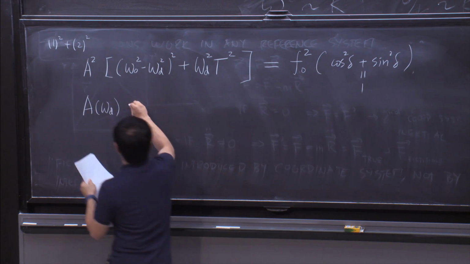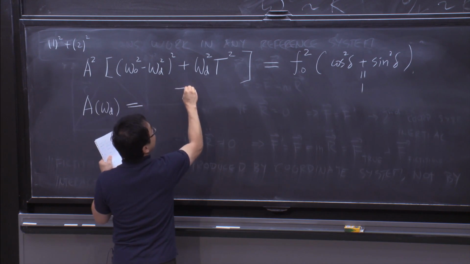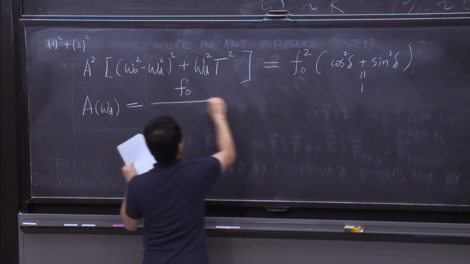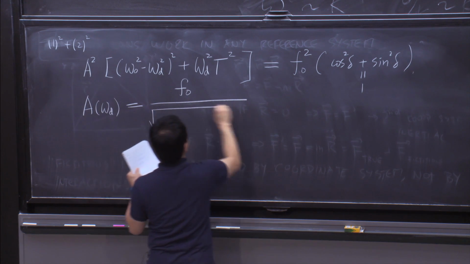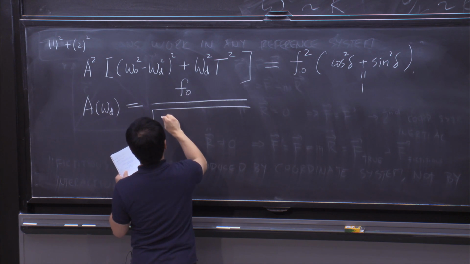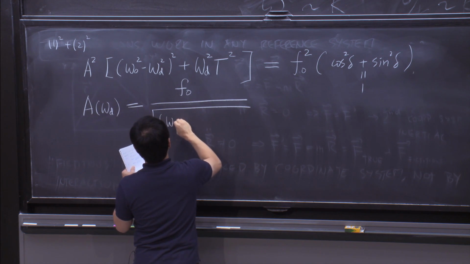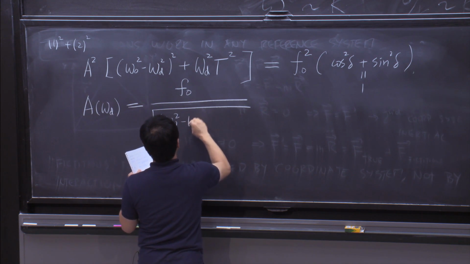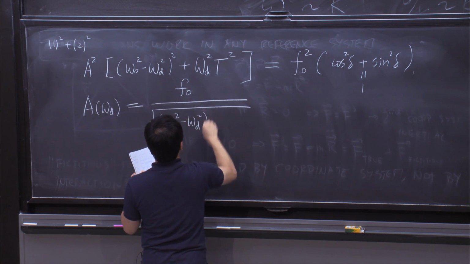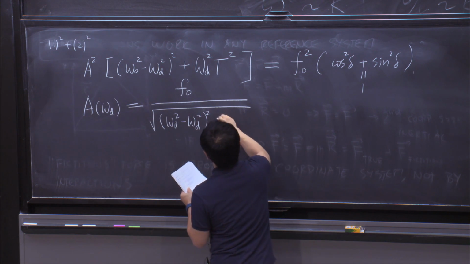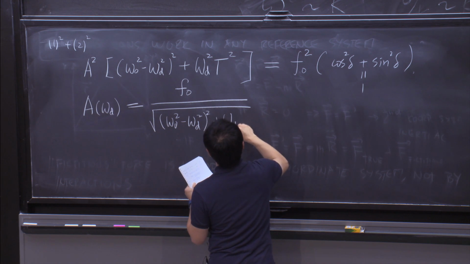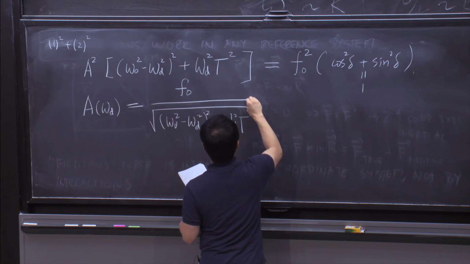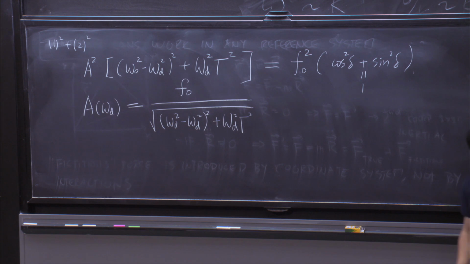And this is equal to f0 divided by the square root of this whole thing. So this will give you the square root of (omega 0 squared minus omega d squared) squared plus omega d squared gamma squared.